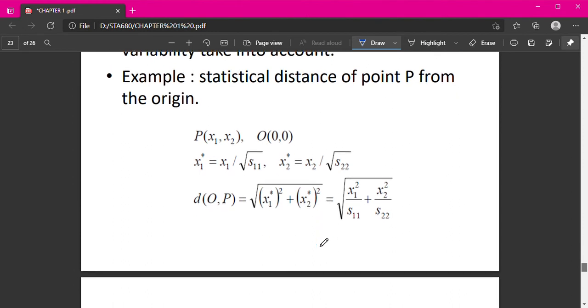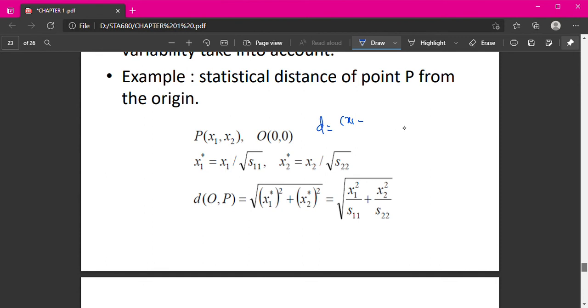Okay, let's say we have 2 points P dan O, which is O adalah origin. Okay. Alright. So using the formula tadi, statistical distance tadi, so it will be actually adalah x1 minus y1 square, betul tak? Dia punya distance tadi formulanya adalah x1 minus y1 square.